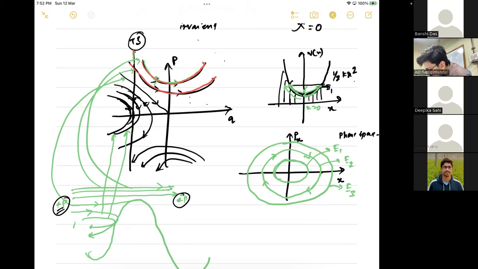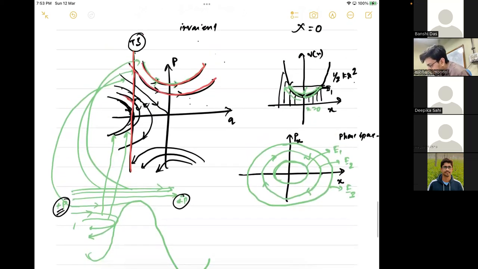If we just draw the dividing surface here, then when the trajectory crosses this barrier, we are assuming that the reaction is happening. That means the transition state theory is overestimating the rate.